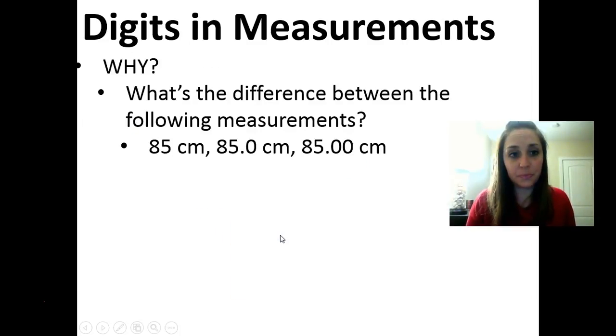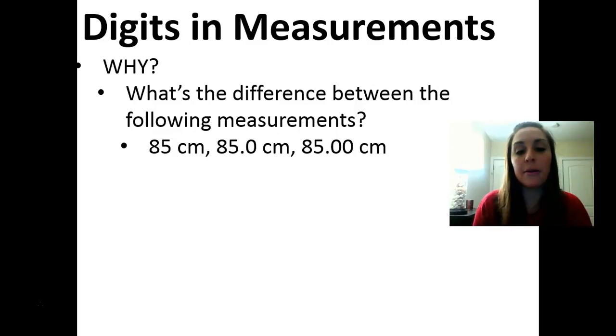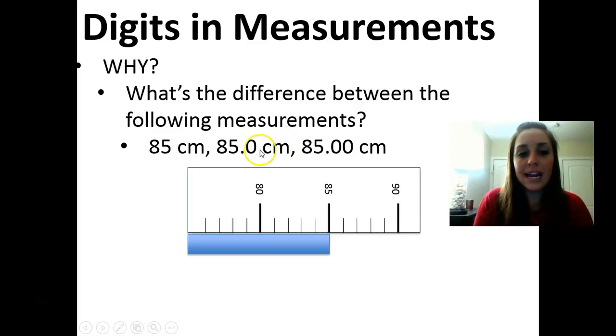All right, so what's the big deal? What's the difference between 85, 85.0, and 85.00 centimeters? And I just used this random number, 85, and then added some zeros to talk about it. Well, look at this ruler, and I just took the middle section of the ruler.